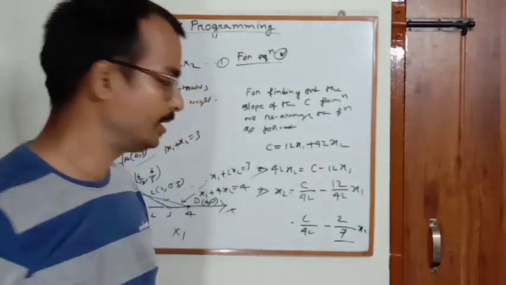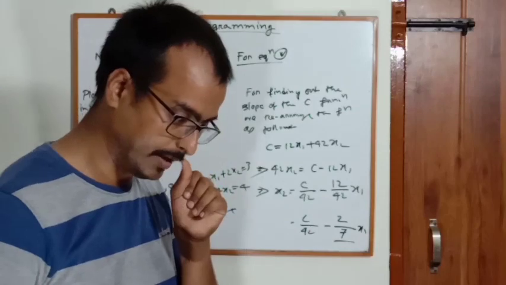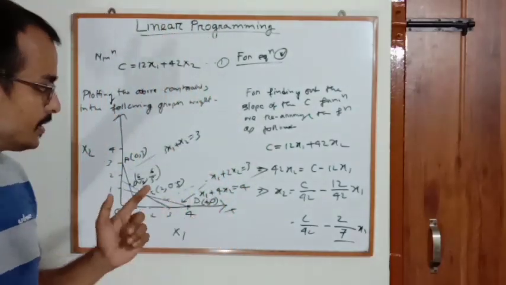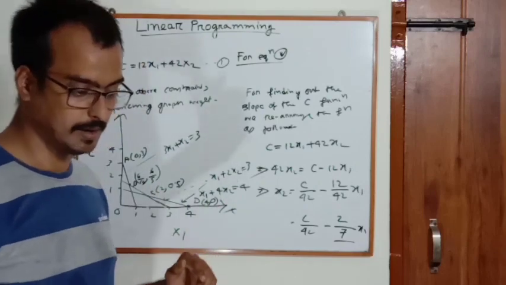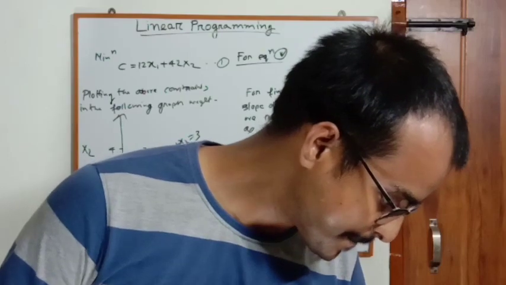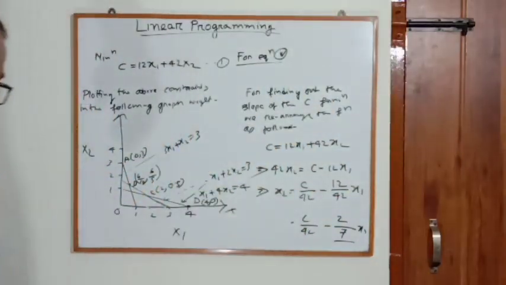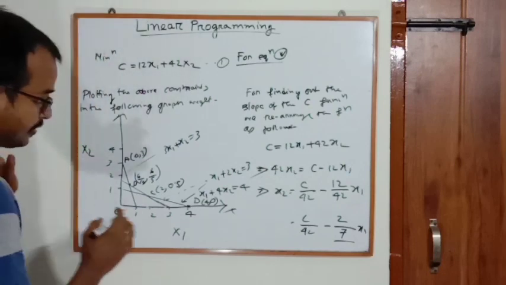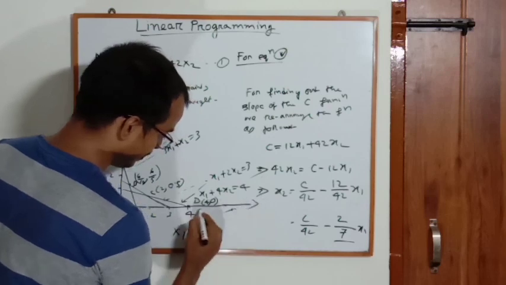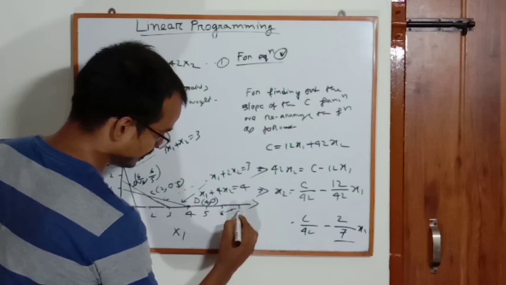So we got the slope. The slope of your cost function is minus 2 by 7. So what you have to do now? I have not put 7 here, so let me extend the axis. This is 4, this is 5, this is 6, and this one is 7.